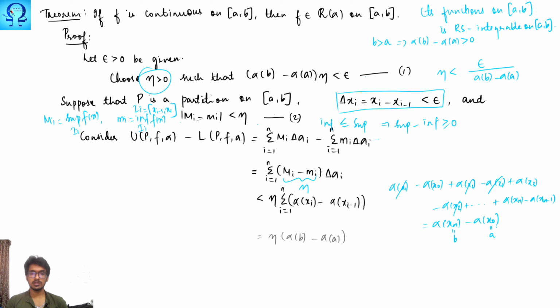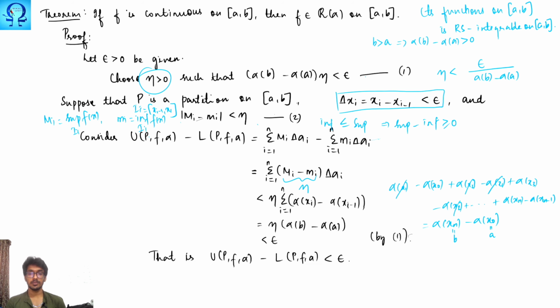So this is going to be eta multiplied with alpha of b minus alpha of a, and we have chosen eta in such a way that when you multiply eta with this quantity, it is less than epsilon. So we have less than epsilon, and that is by our equation 1. This tells us that U(P, f, alpha) minus L(P, f, alpha) is less than epsilon.